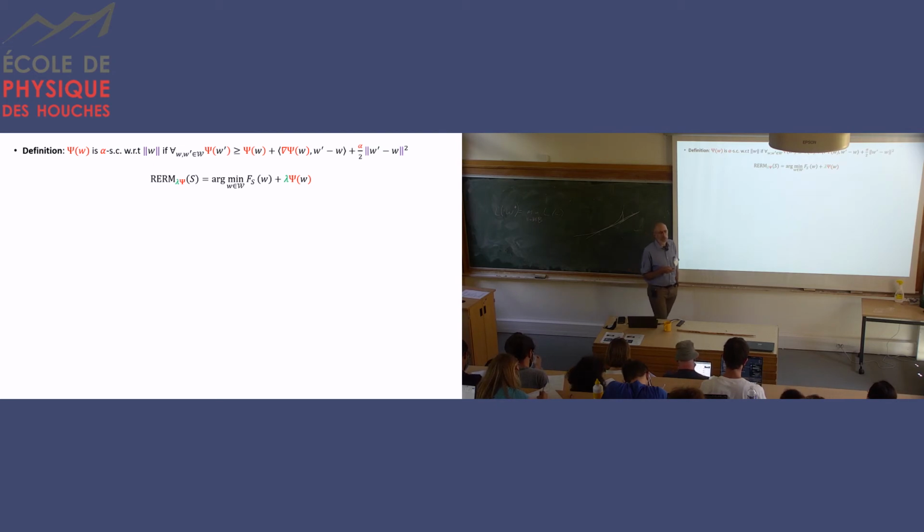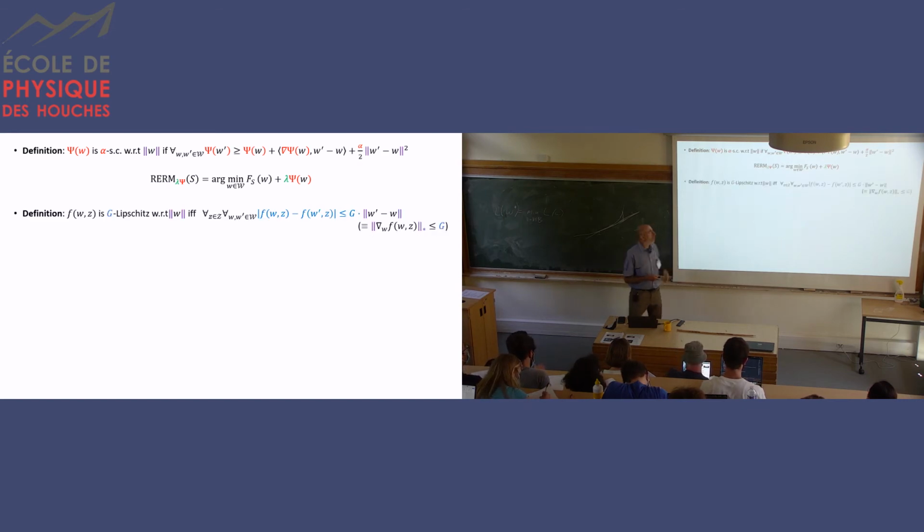And in order to establish stability, we need one more thing. We need to bound how much changing the predictor changes the objective value. And for that, we're going to need a Lipschitz property. So we're going to also assume that our objective is Lipschitz with respect to the same norm. What does it mean to be Lipschitz? It means exactly what we said: we're bounding how much the objective value changes when we change the predictor.